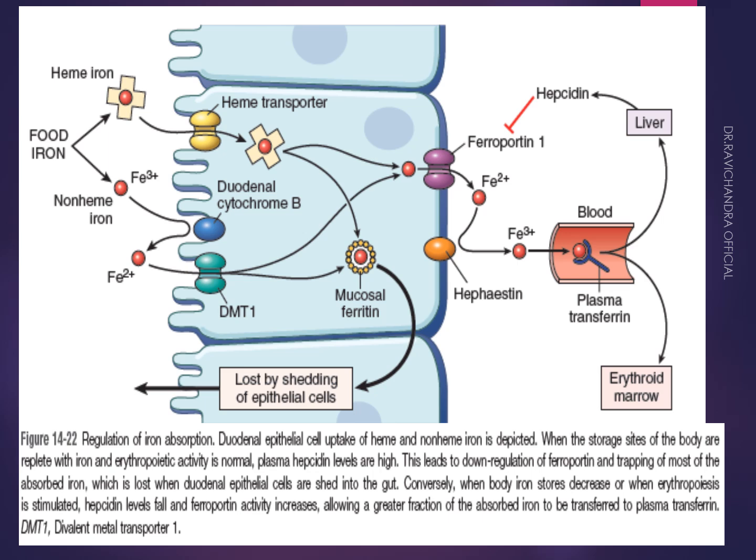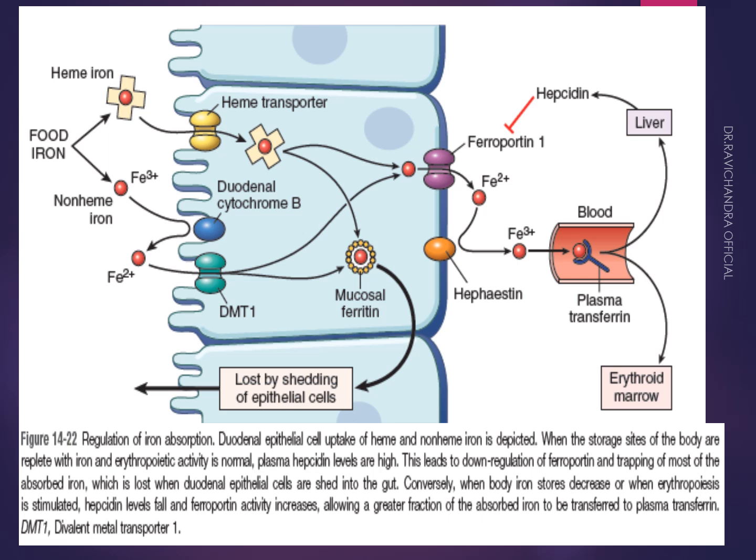In between, the iron, with the help of ferroportin 1, will enter into the blood in the form of Fe2+, and again it is converted back to Fe3+ and released into the blood, and the plasma transferrin will help in this process.